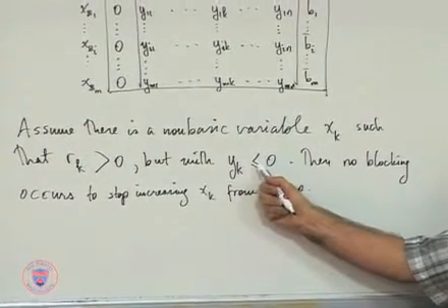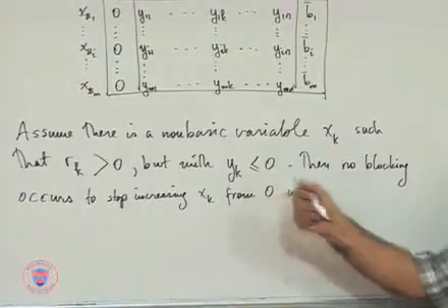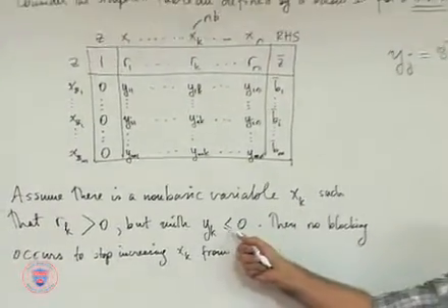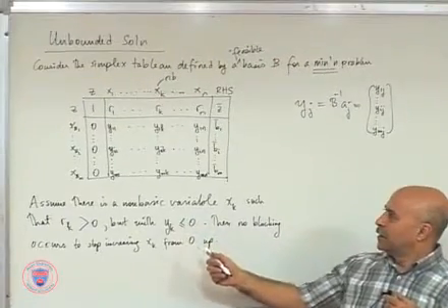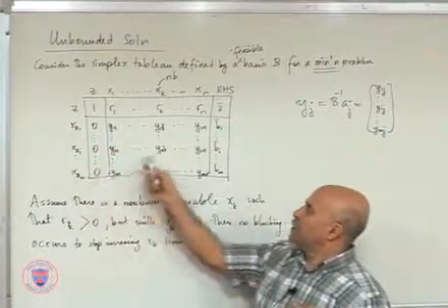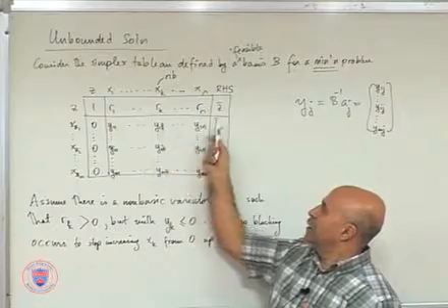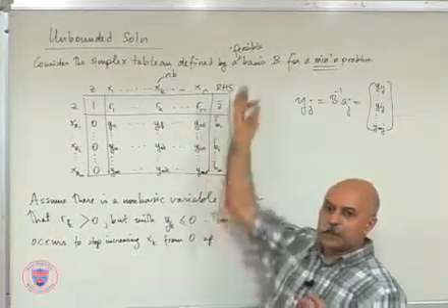The blocking will occur at the minimum ratio, but there's no ratio here. Whenever the yik's are less than or equal to 0, then the xBi's will only either stay the same at their current values or will increase. Okay?